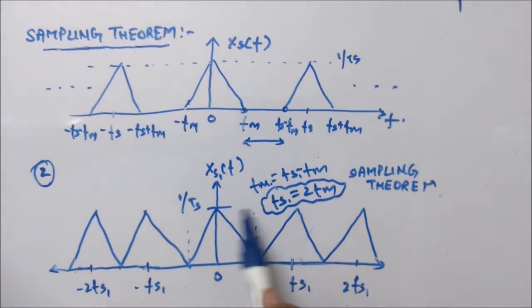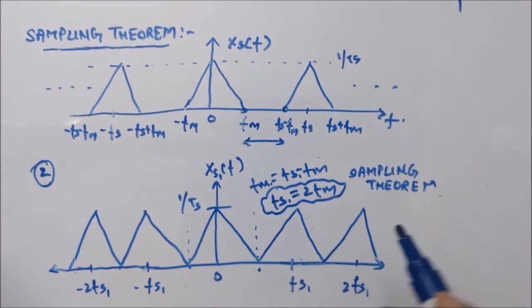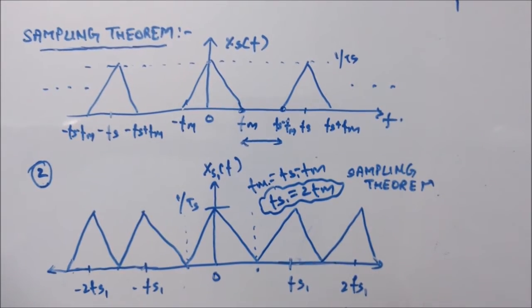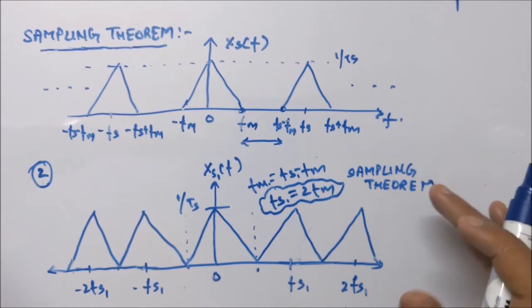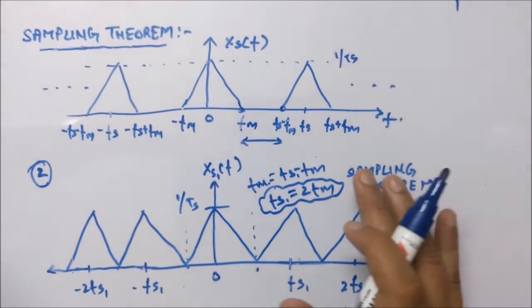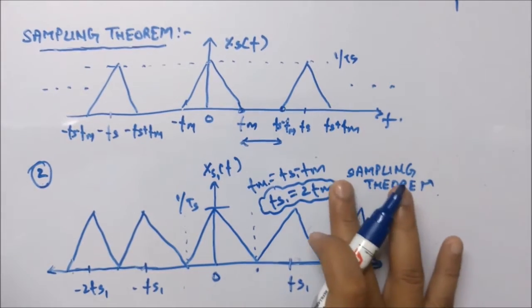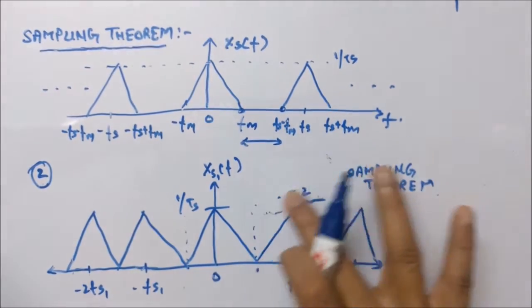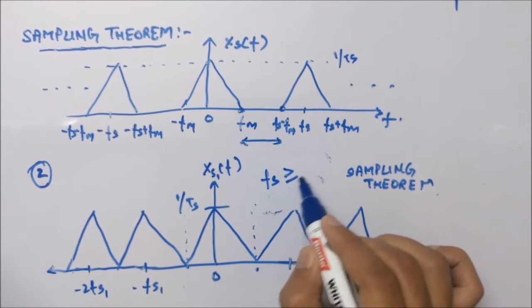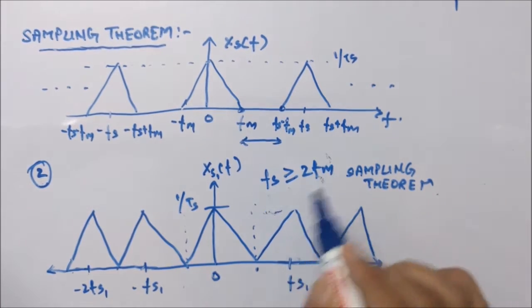So it will extract out this part and you will be able to recover the signal. So if I try to merge the previous case and this case, basically fs is greater than or equal to 2fM.